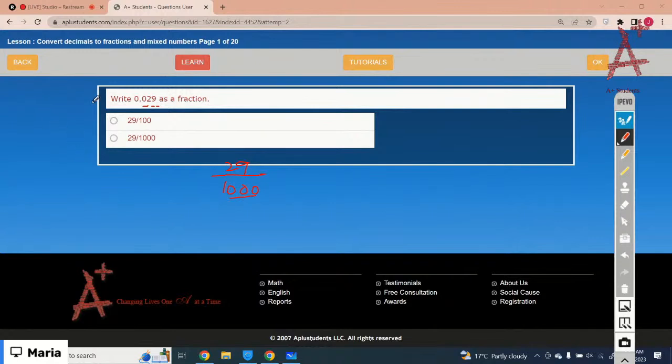Because you have three, it would be 29 divided by 1000. Got it? So option number 2 is the correct option. It would be 29/1000, not 100. You have three digits right after it, so it would be the second option, 29 divided by 1000.